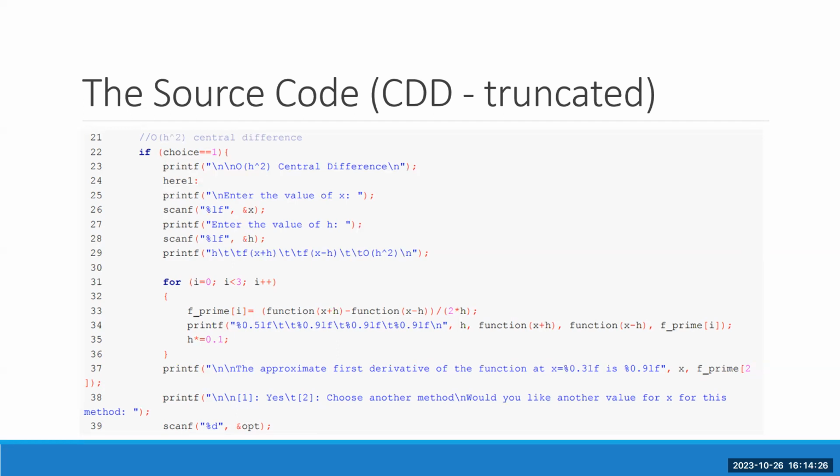The loop with i running from 0 to 2 calculates the derivatives for 3 different h values. The results are displayed in a table showing h, f of x plus h, f of x minus h, and the second order values. The code calculates derivatives for decreasing h values to demonstrate the convergence of the approximation. Finally, it provides the approximate first derivative at x.